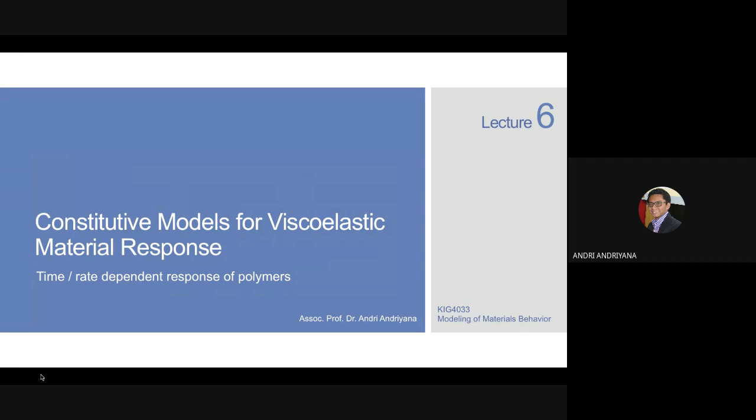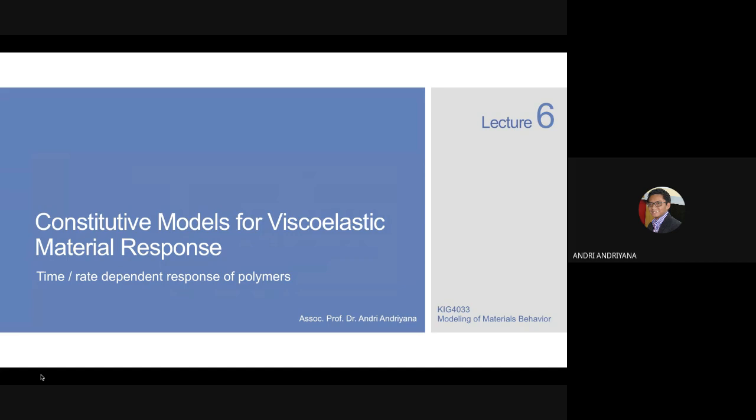For these sessions, I'd like to talk about the next material response that we discussed in the lecture, which is the viscoelastic material response, and how we can develop a constitutive model or maturity model for it. This is the lecture that we did not manage to do in real-time mode, so I simply recorded it for your reference, noting that lecture 6 will not be included in the final exams.